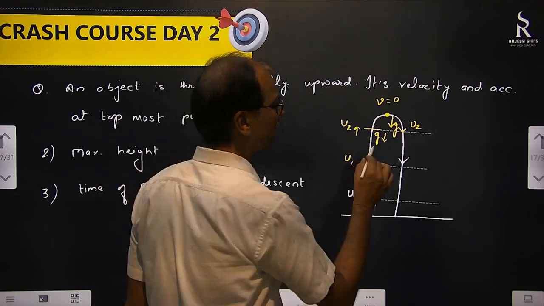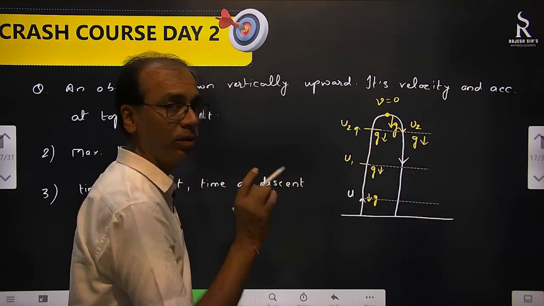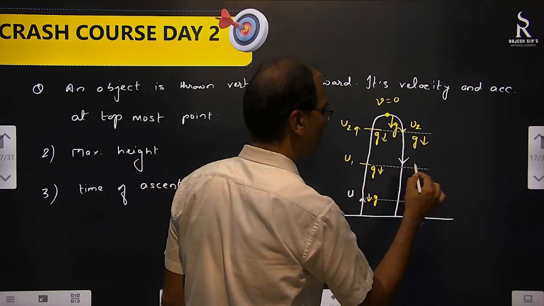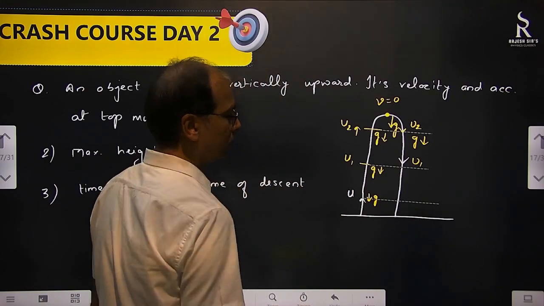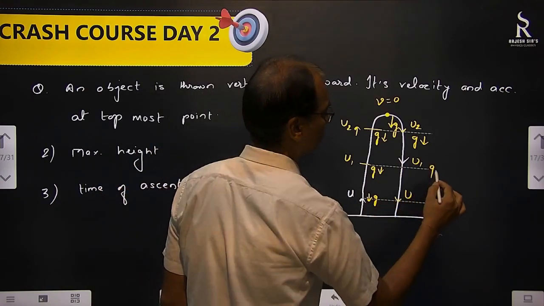What about the acceleration? Acceleration is still downwards. It will never change direction. Acceleration due to gravity is always downwards. At this height, what will be the velocity? u1, but downwards. At this one, the velocity is u, downwards. G is always down.